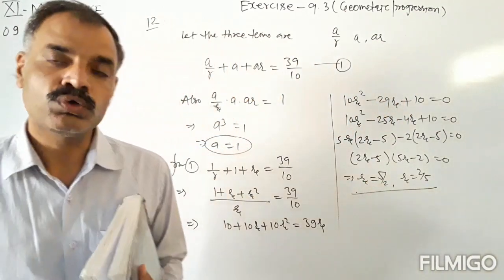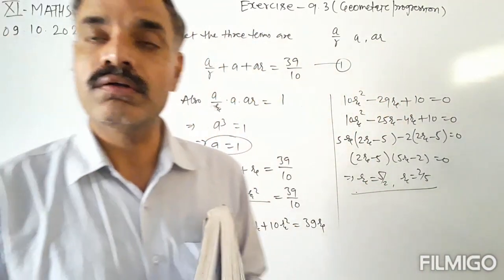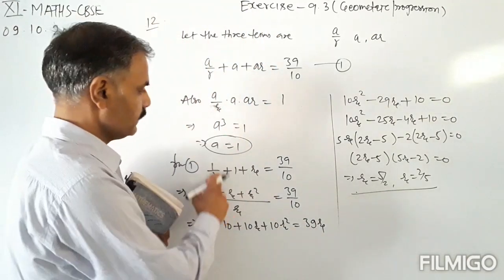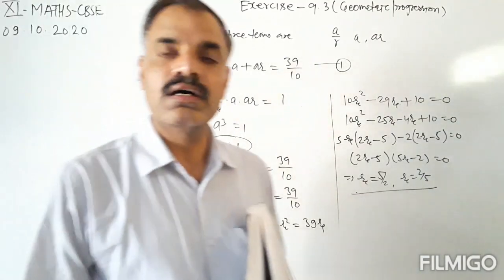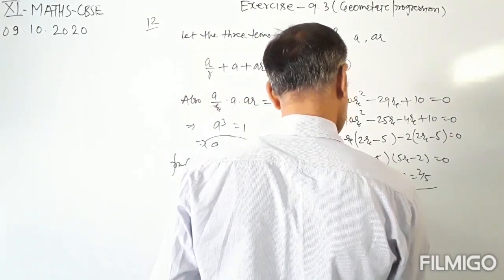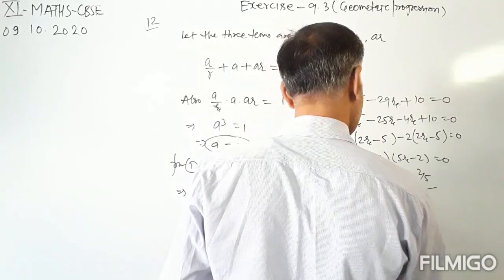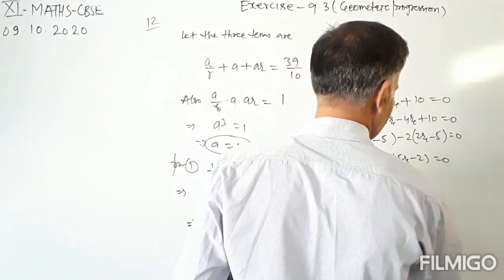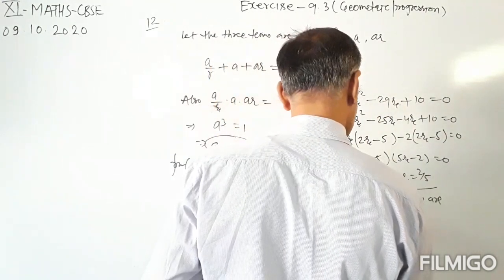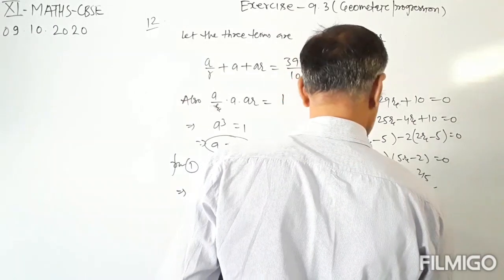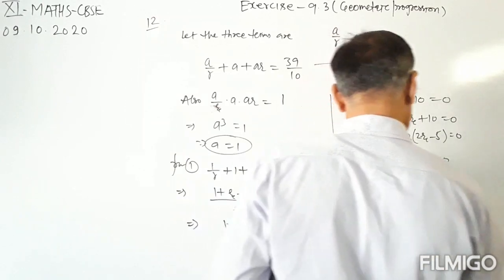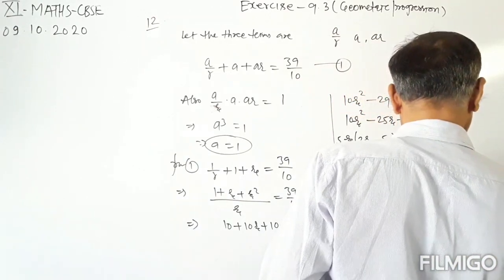So we have two common ratios, 5/2 and 2/5. Now using this common ratio and first term, that is a equals to 1, we can find the terms. If r equals 5/2, then the terms are 1/r, that is 1/(5/2), a, and 1 into 5/2, that is 2/5, 1 and 5/2.